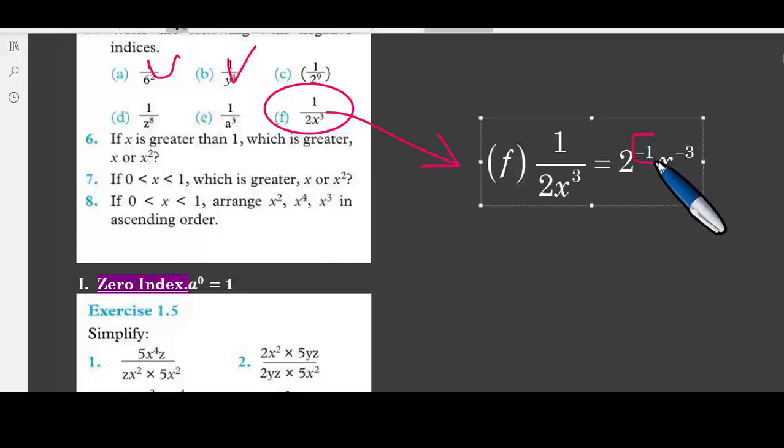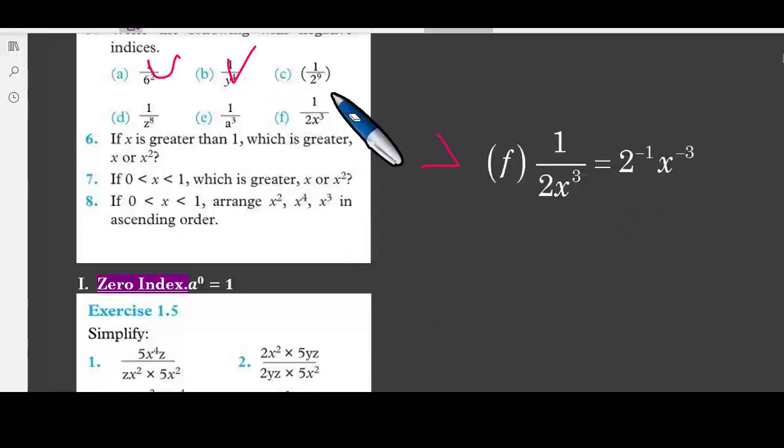Good. Now let's solve this next problem.